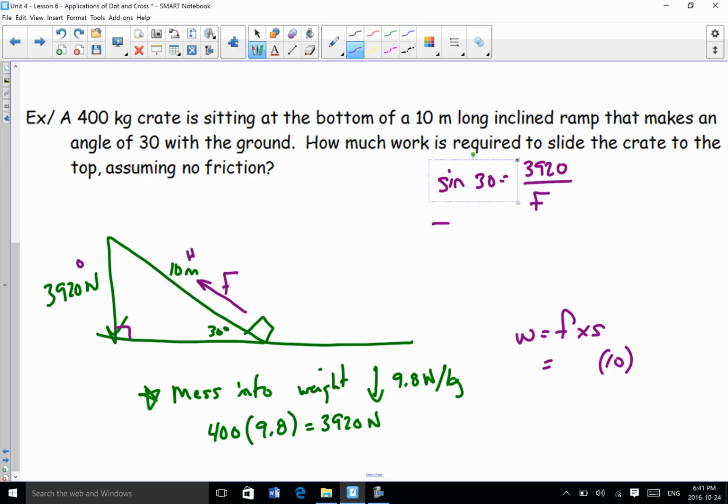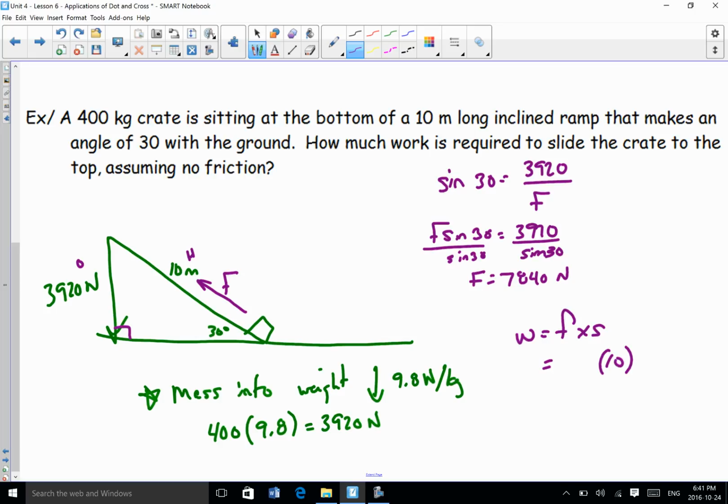Cross multiply that, F sine 30 equals 3920, and then divide out the sine 30 part. And for a force, we'll get 7,840 newtons. That's how much force I would need to counteract the effect of gravity that's holding the crate down.